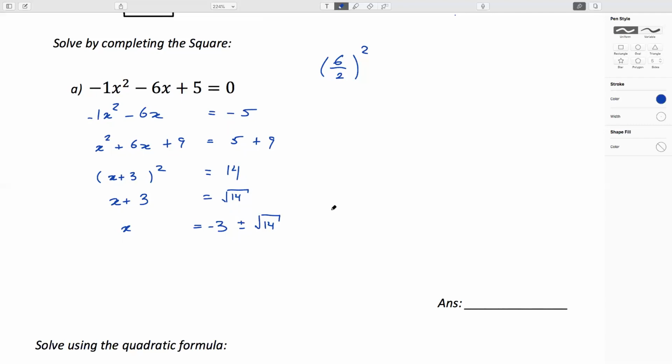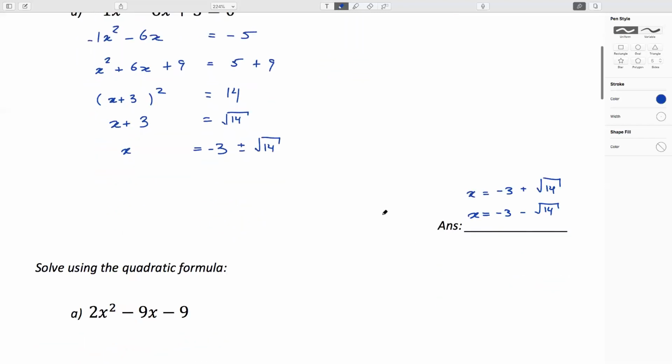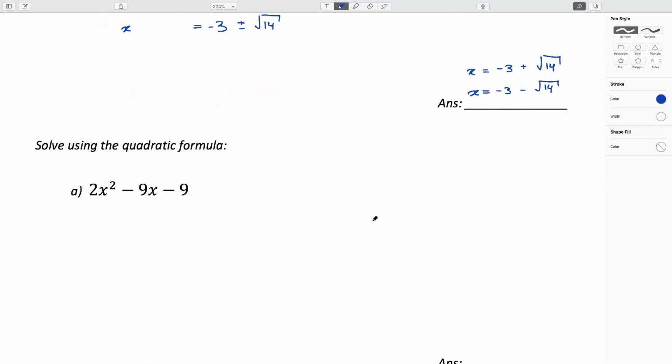And the question is not asking for a decimal, so I'm just going to leave it as x equals negative 3 plus root 14, or x equals negative 3 minus root 14. That's an exact answer. If I put it into a decimal, it's not going to be as exact, or technically as correct.